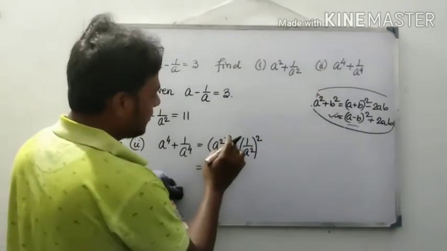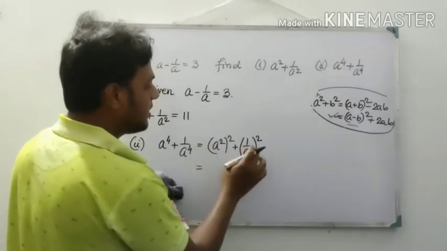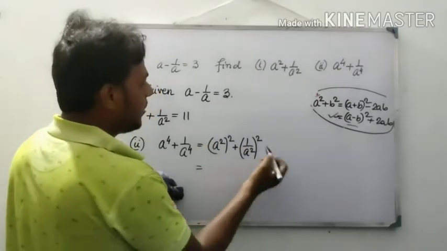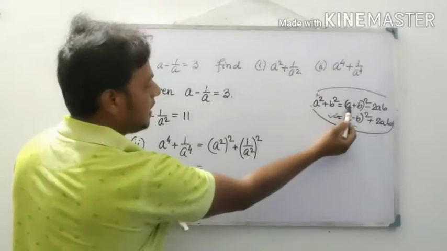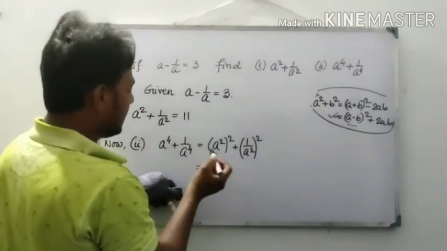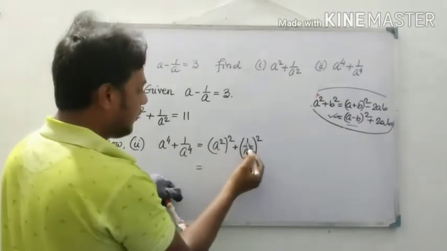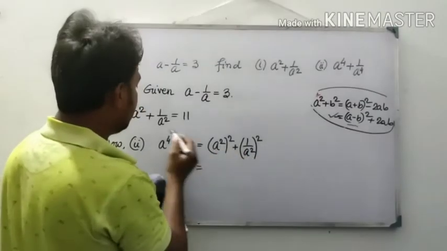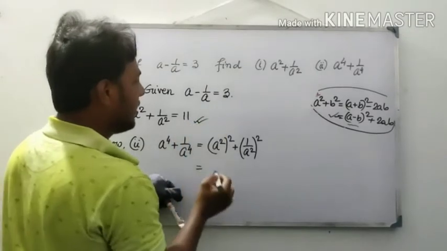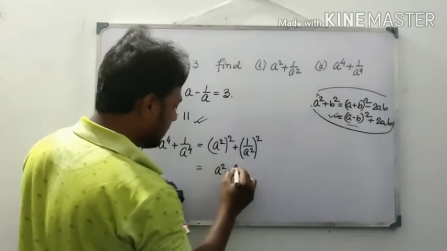So this is a square plus b square. Here a means this first term, b means second term. There are two identities for a square plus b square. Since here a square is our first and 1 by a square is second, and their addition is given, we will use the first one. First one is a plus b whole square.